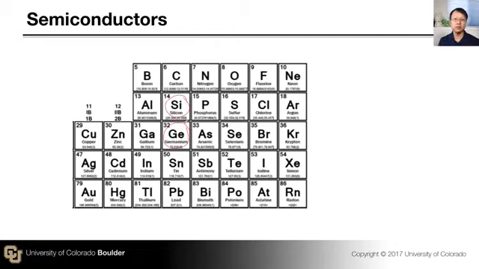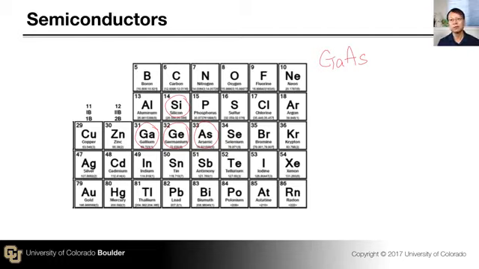And silicon obviously is the most widely used semiconductor, and these are called elemental semiconductors because they are made of only one atomic species. You could have a compound semiconductor. For example, if you have gallium and arsenic and they form gallium arsenide, this is a compound made of a group 3 element and a group 5 element, we call that a 3,5 compound semiconductor.